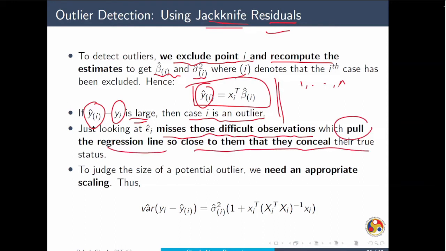This is actually a very problematic point, because it may not be revealed from epsilon, since your straight line can be pulled towards that. In the Anscombe graph, someone said that the third graph was like that, because of this kind of problem. And the variance of these jackknife residuals can be calculated like this.